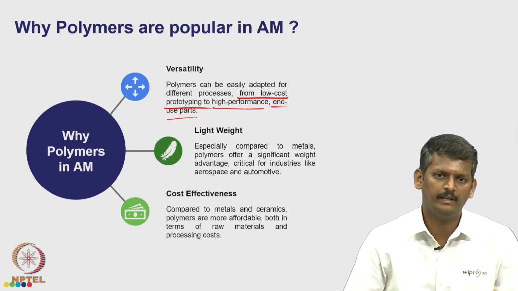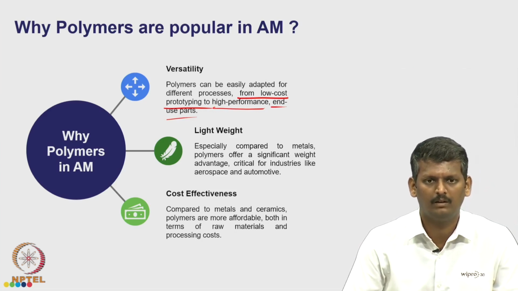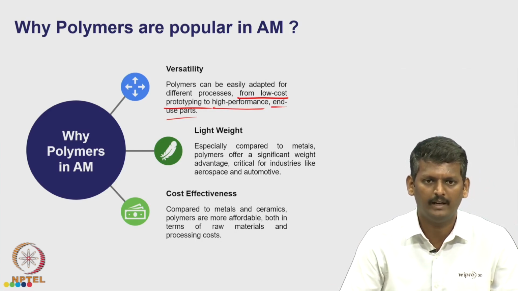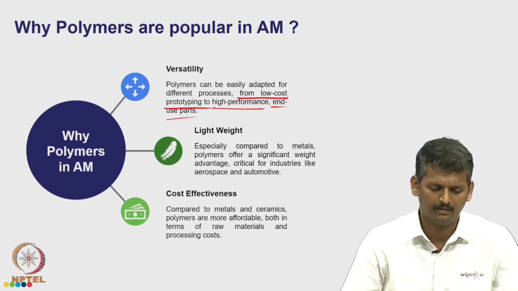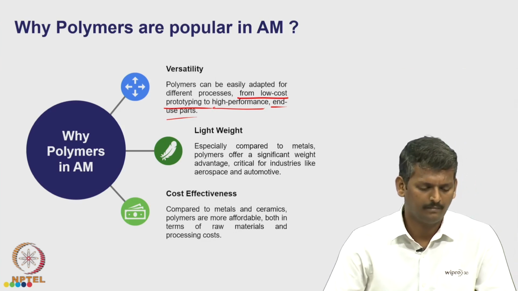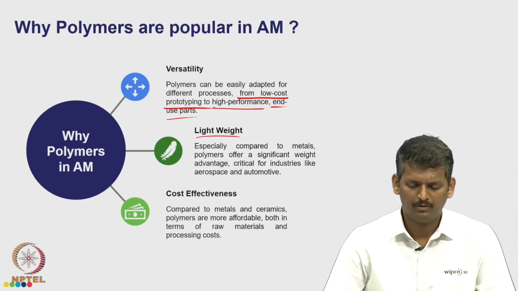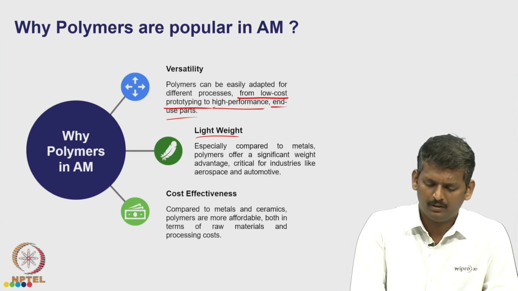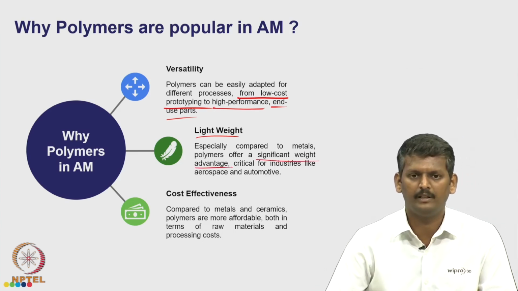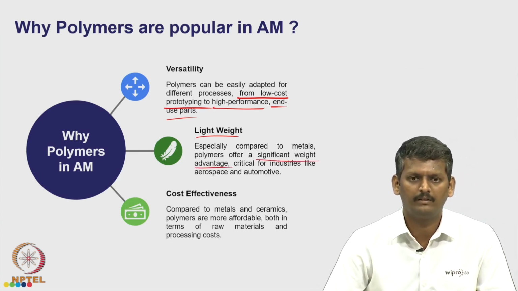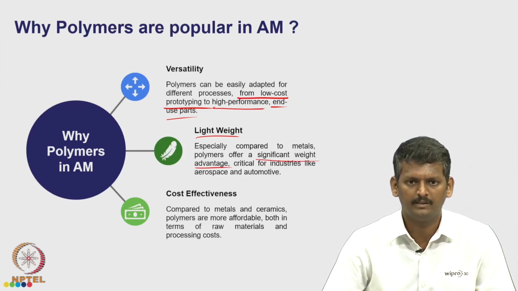So whether it is a very basic level or a very high end level, this versatility makes polymers a very good competitor in the additive manufacturing landscape. And the second category is lightweight. It has a significant weight advantage when compared to its counterpart, metals.